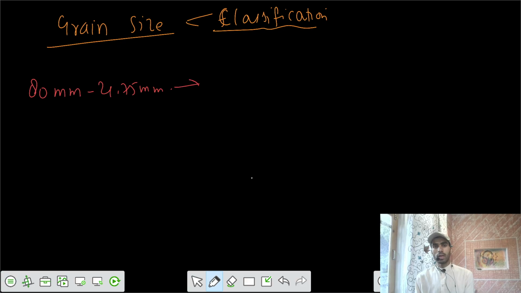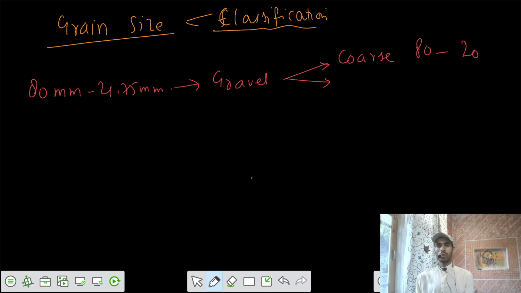So that we call gravel. Gravel can be either coarse or fine. For coarse gravel, the particle range is 80 millimeter to 20 millimeter, and for fine gravel, the particle size is in the range 20 to 4.75 millimeters.